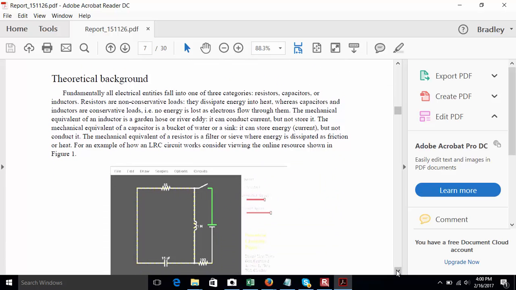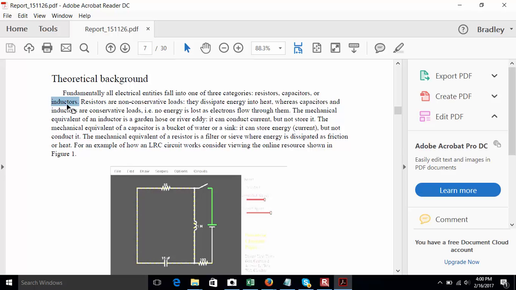Any electrical load can be a resistor, a capacitor, an inductor, or some combination thereof. There are diodes and amplifiers and all that, but fundamentally, the only three types of loads in any system are resistors, inductors, and capacitors.